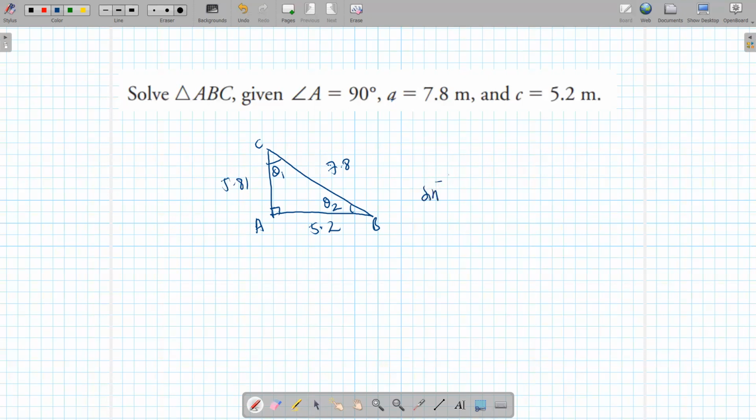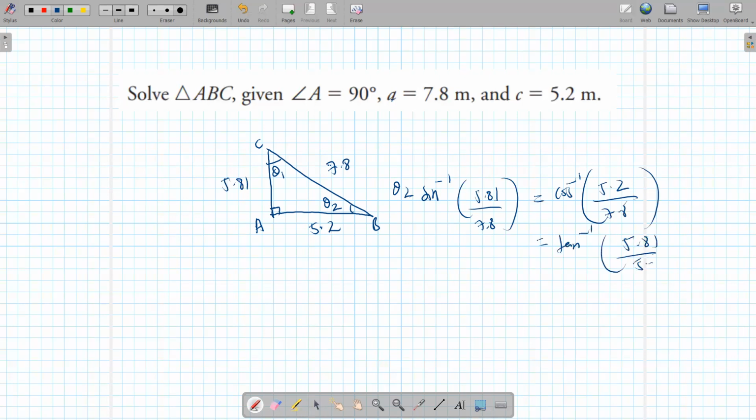You can do sine inverse of 5.81 over 7.8 for theta 2. Or you can do cos inverse of 5.2 divided by 7.8. Or you can do tan inverse of 5.81 divided by 5.2. Right? Opposite over adjacent, opposite over hypotenuse, adjacent over hypotenuse. All 3 of these will give you exactly the same answer.